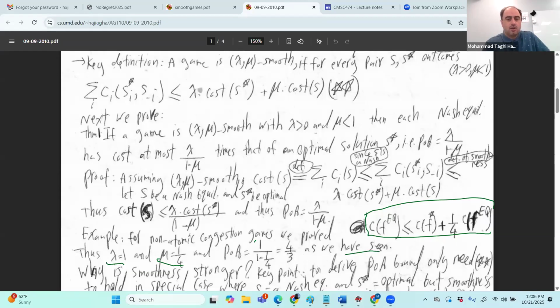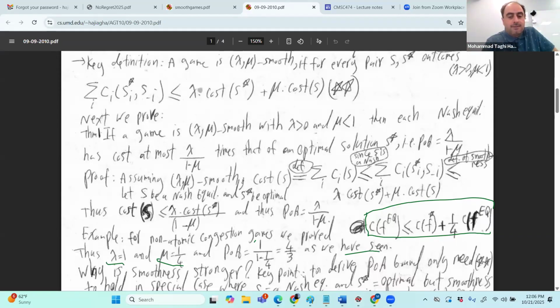Here, note that in some sense, smoothness is stronger than the concept of price of anarchy. Why? Because it's maybe more than needed in some cases.